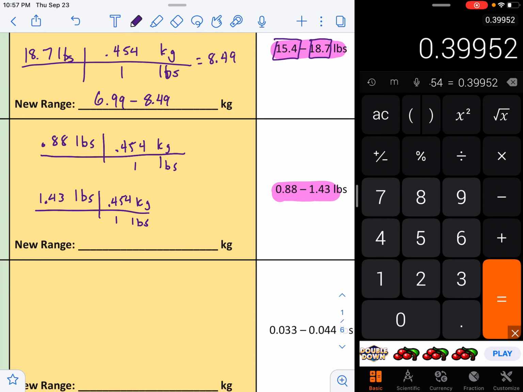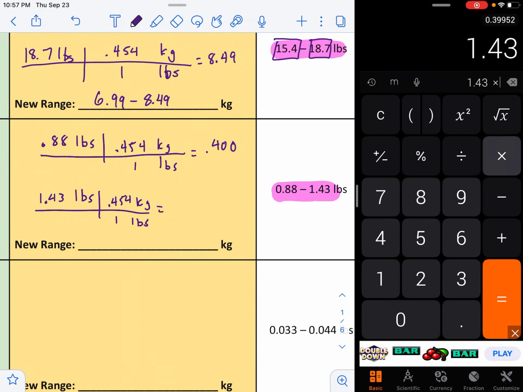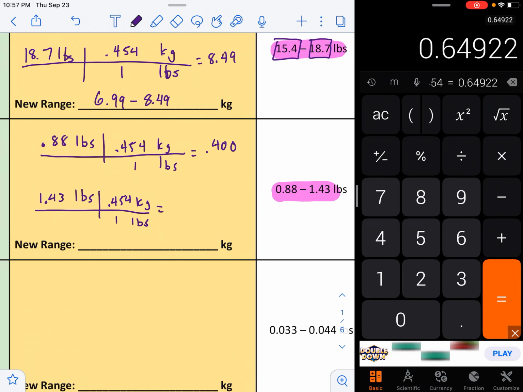So 0.88 times 0.454 equals 0.39952, which we could actually round up to 0.400. And then down below, 1.43 times 0.454 equals 0.649. And that now becomes a range here.